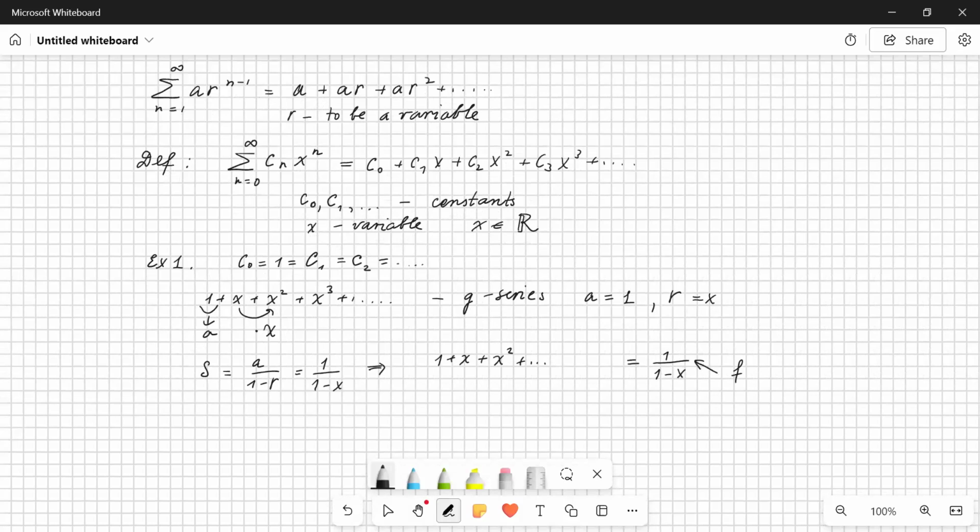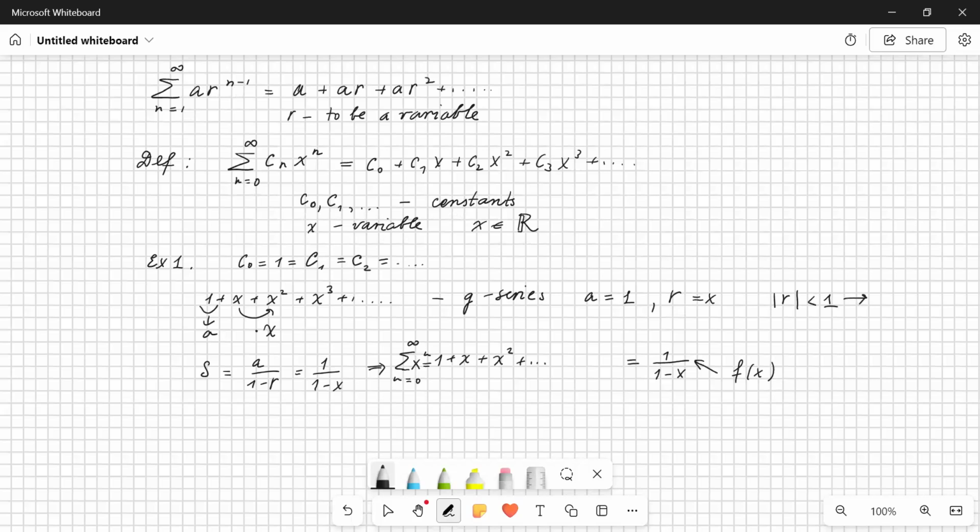This is just a function of x, right? And here we have an infinite series. By the way, maybe I should write down this series in sigma notation. Sigma notation is going to look like this: the sum of x to the power of n from 0 to infinity. When does this sum actually exist? Remember that the sum exists for a geometric series only when the absolute value of r is less than 1, right?